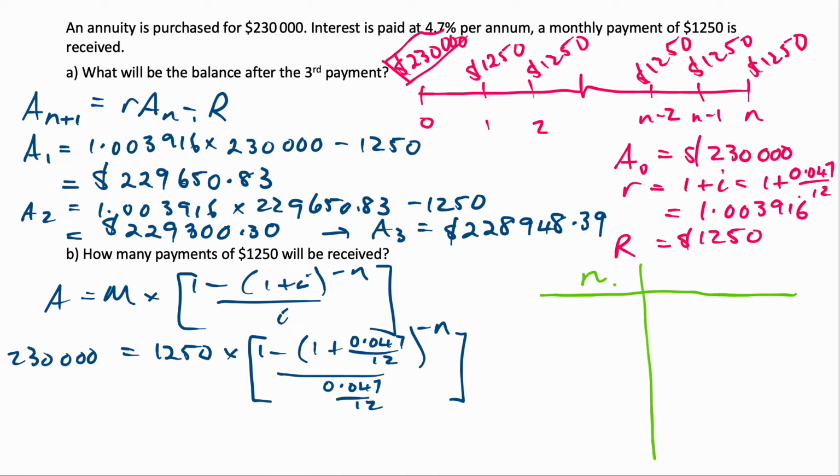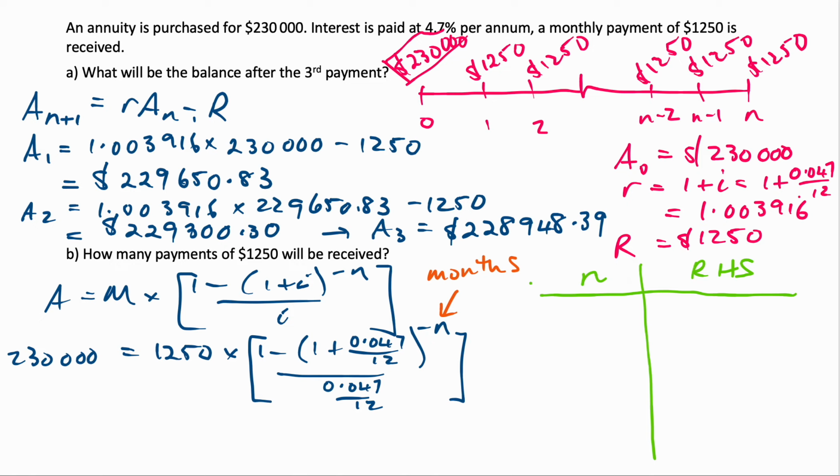So we want to have our N, which we'll take a guess at, and then we're going to calculate this whole right hand side, and we're looking for it to get as close as we can without going over to this 230,000. What you want to remember as well is that your N is in months.